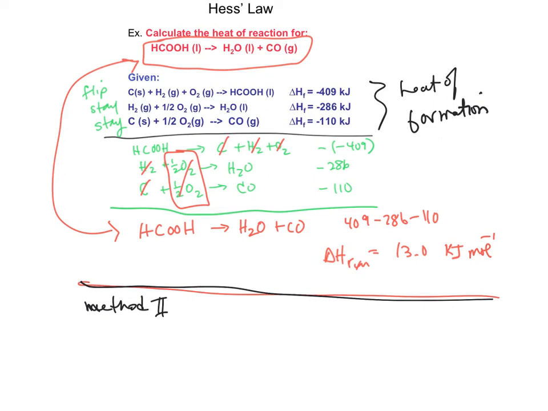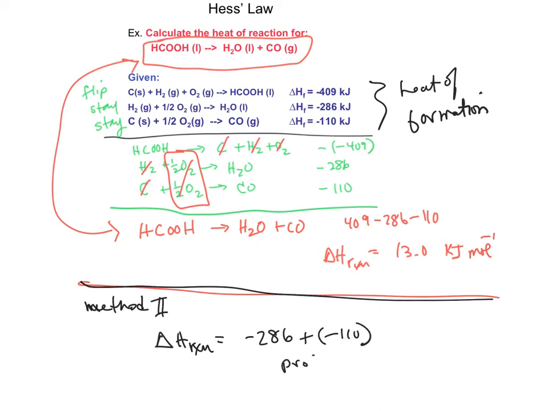This is just a coincidence. When you're given equations that you're going to work with, they're not always heats of formation, but in this case they are. So we would say the heat of the reaction is the sum of the heats for the products. So that's water and the CO.